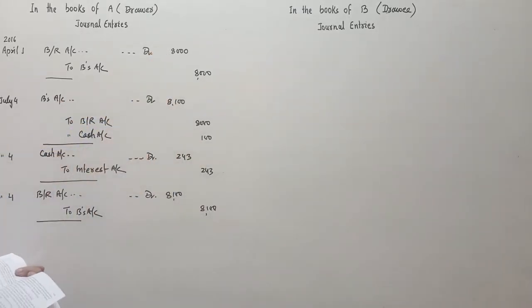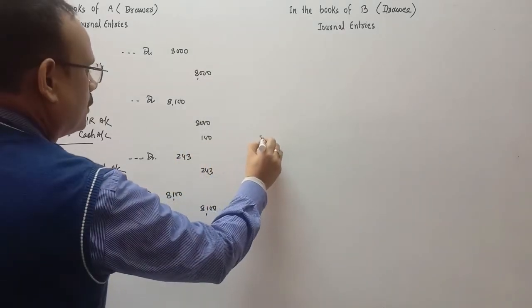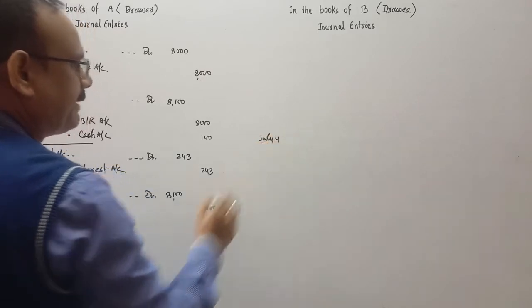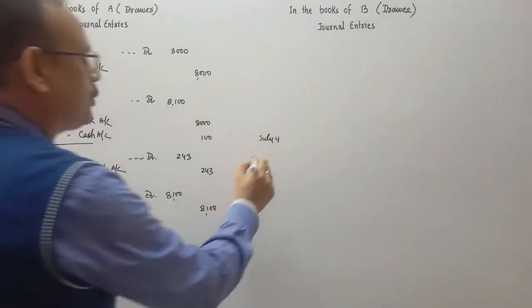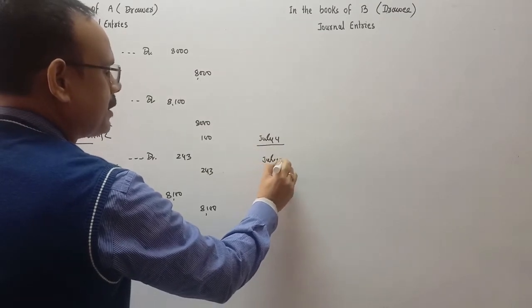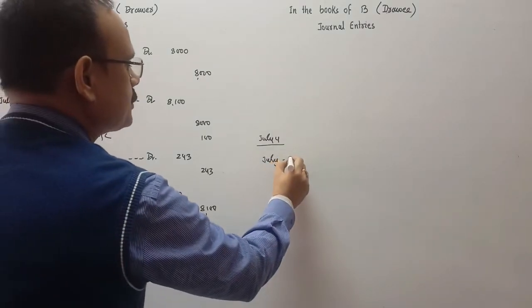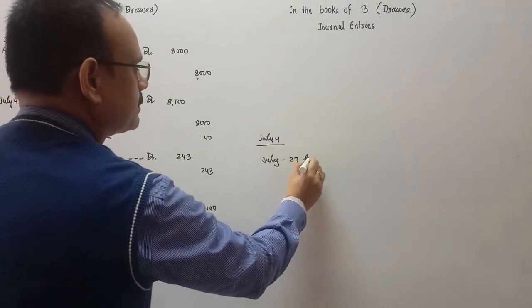So 8,100. On the due date, this bill is of 73 days, so we'll calculate the 73 days from here. From July 4 we will go 73 days. July is of 31 days, so remaining days in July is 27 days.